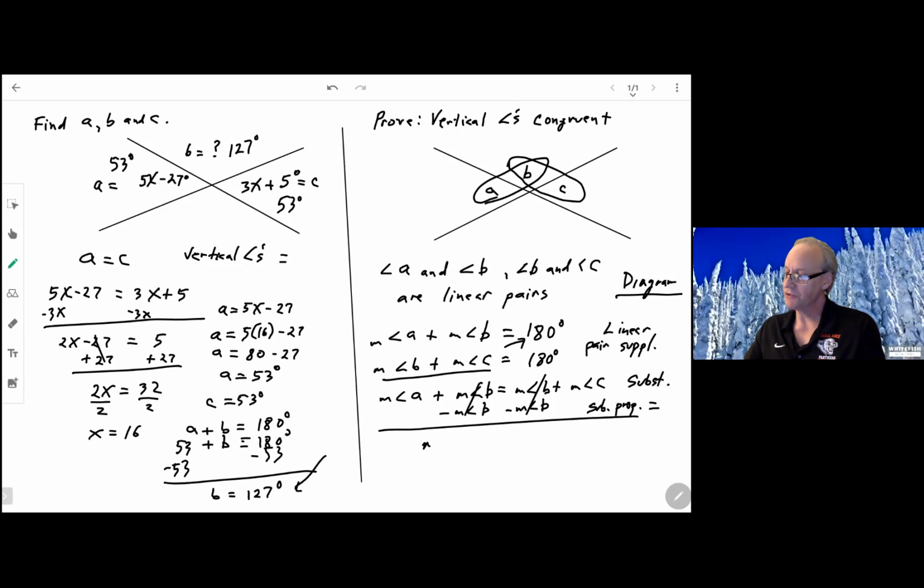And we get the measure of angle A is equal to the measure of angle C. And that means they're also congruent, because when angles have equal measures, then they're congruent. So angle A is congruent to angle C by definition. And we can say the definition of congruence.